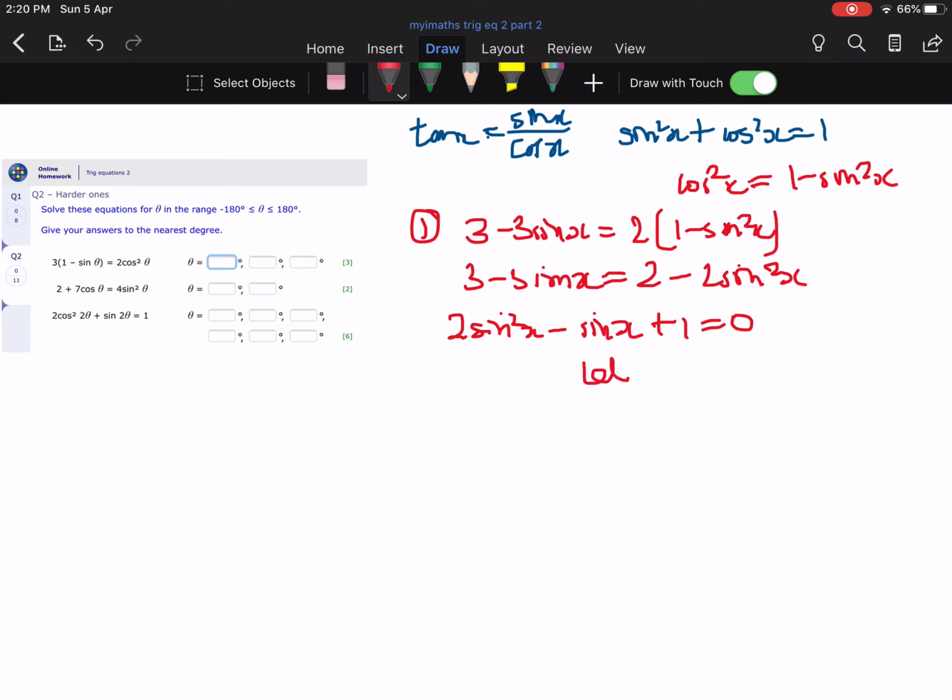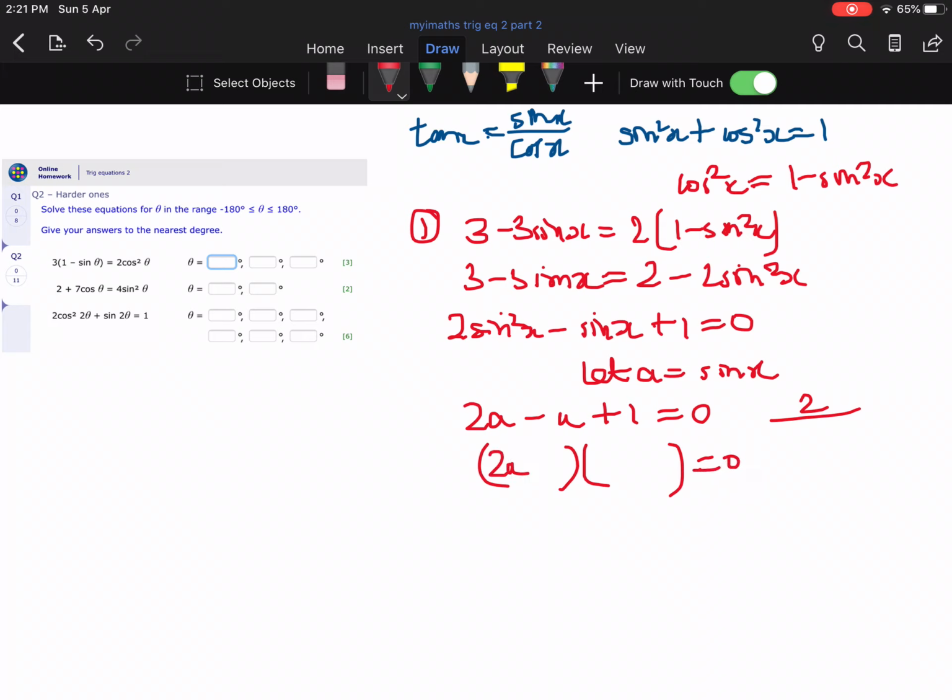So let a equal sine x, so I get 2a squared minus a plus 1 equals 0. So factorising, 2 times 1 is 2, what multiplies, so you could do it the long way, you can do it the short way, but this is obviously going to be 2a and this is going to be a. And then I want the negative one here because that would give me negative 2 and that's going to be plus 1.